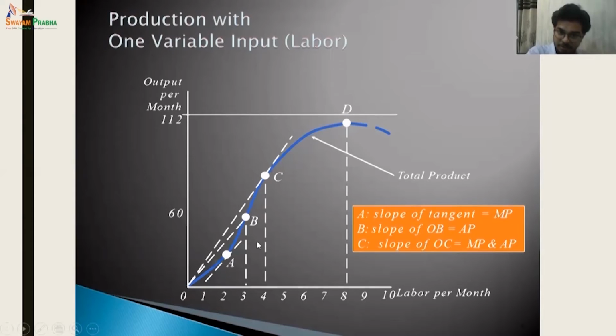The slopes are getting steeper, and from B onwards it is increasing at a decreasing rate and the slope is flattening. So, kind of S-shaped: increasing at an increasing rate, then increasing at a decreasing rate, and then it reaches the maximum and after that it falls, right?